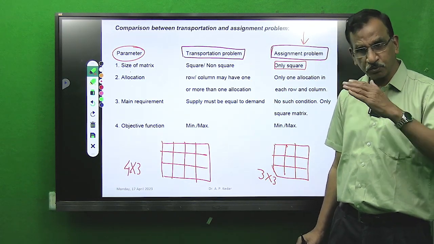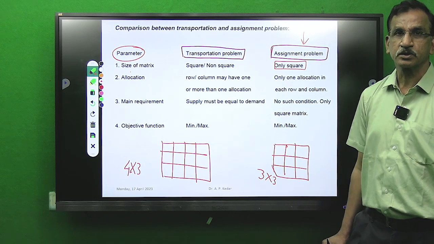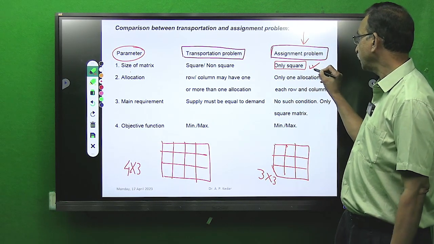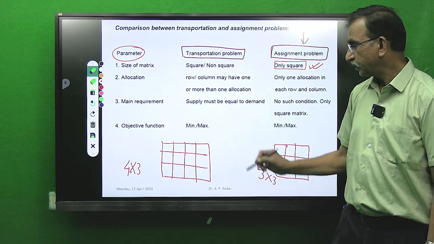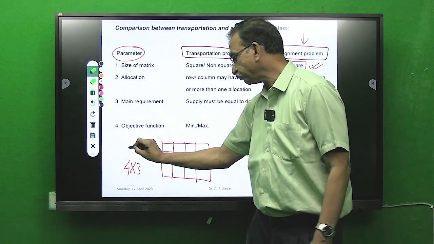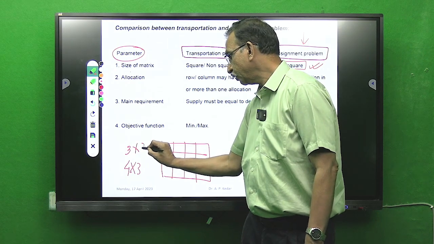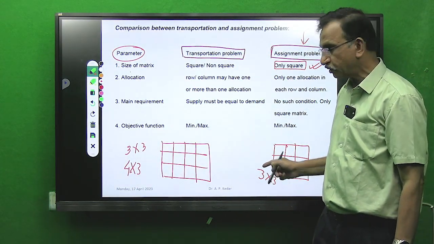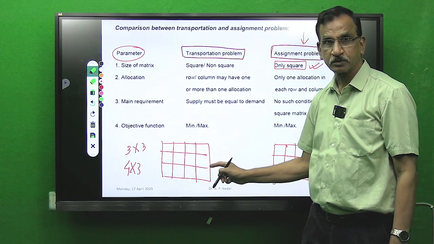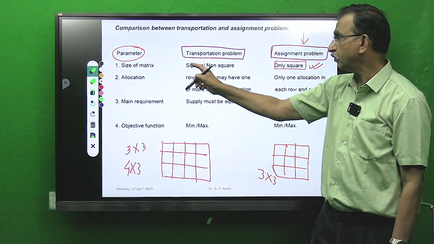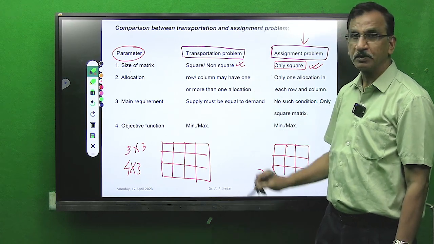Ensure that before you proceed for finding the solution to the problem, you are attempting it as a square matrix. Whereas in case of transportation, the condition may be either you can attempt the transportation problem by this 3 by 3 matrix or a non-square matrix where the number of rows and columns are not the same. That is the meaning of the first point. I think it is very clear.